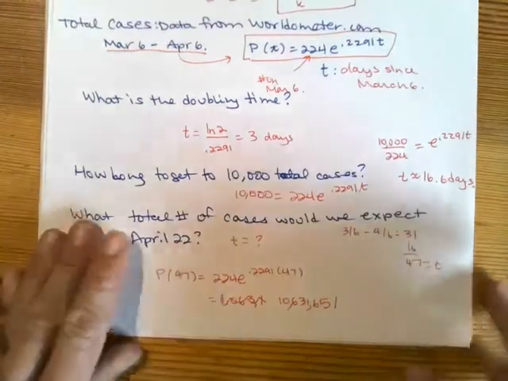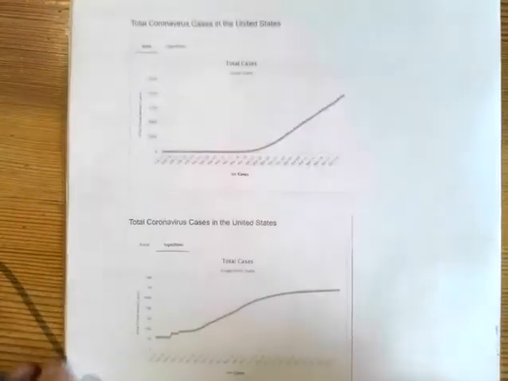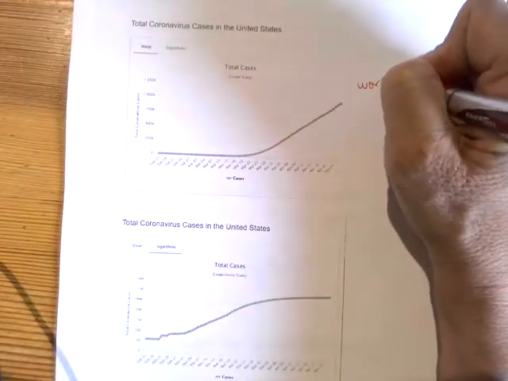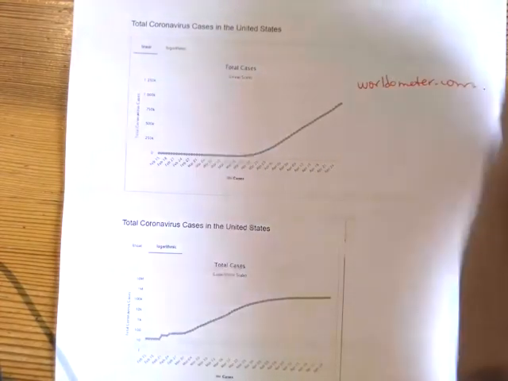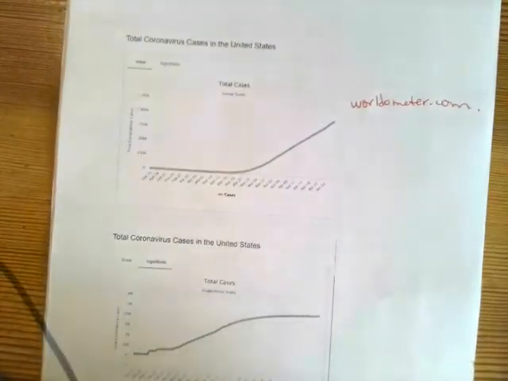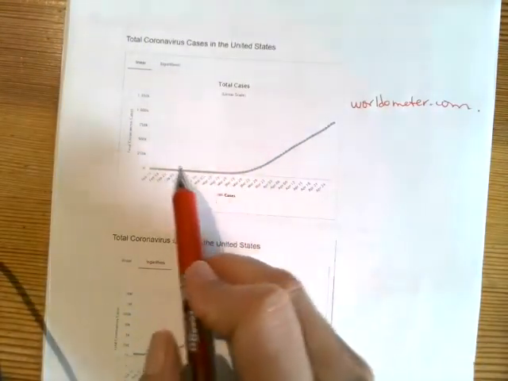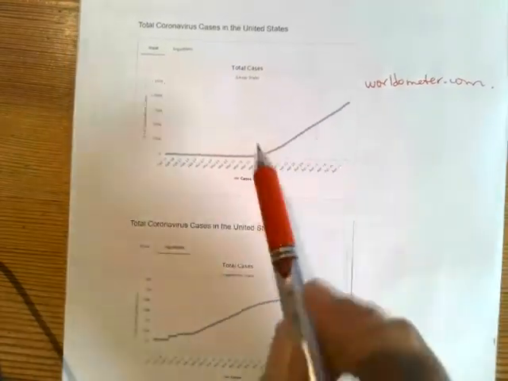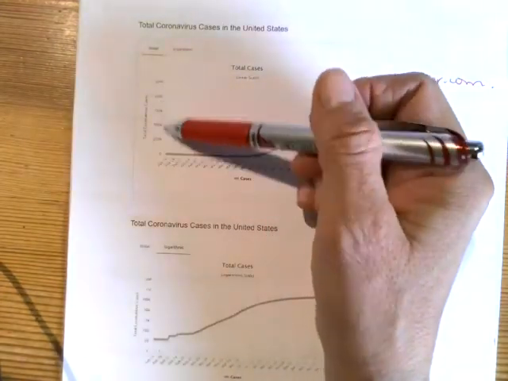So I'm going to go ahead and show you the other graphs that I've done. And I'm grabbing this data from Worldometer. I don't know if you guys have seen that one or not, but worldometer.com. And you can see, so I have two scales here. That's why I wanted to show you this. So the first one here is linear, and that means my y-axis is linear.